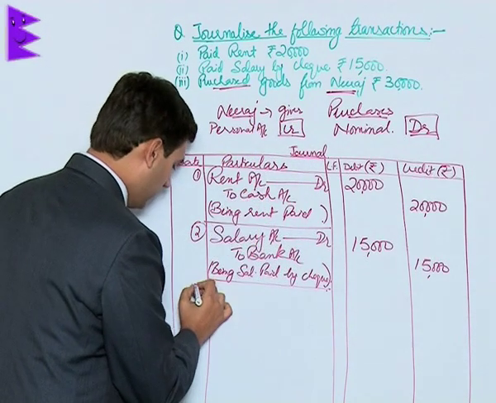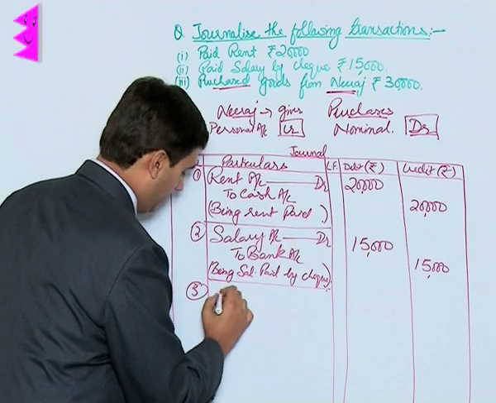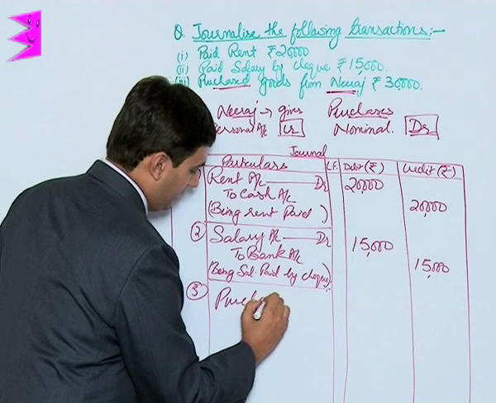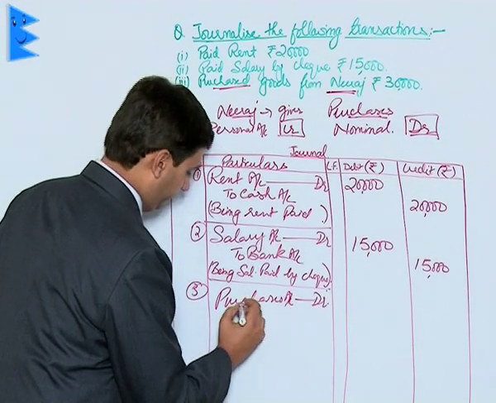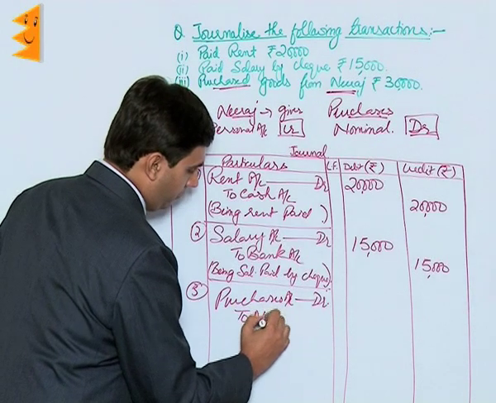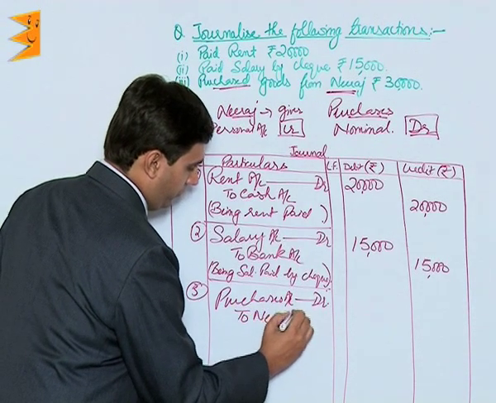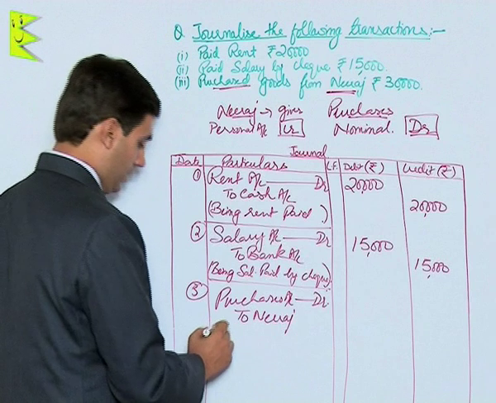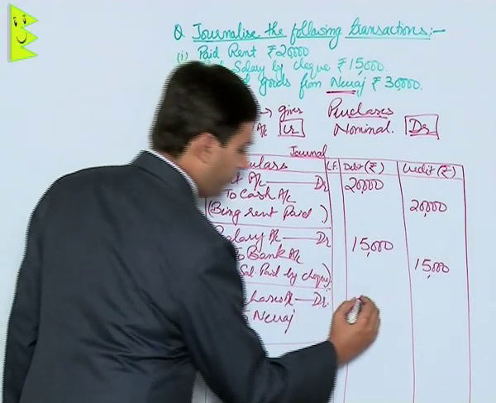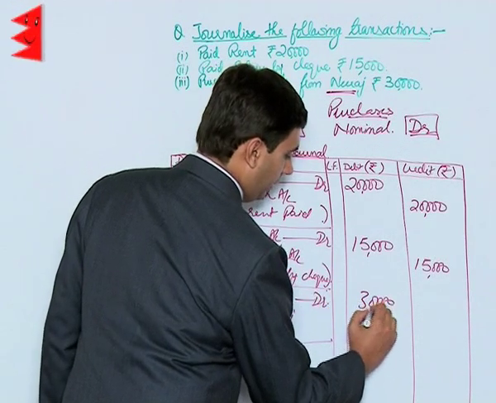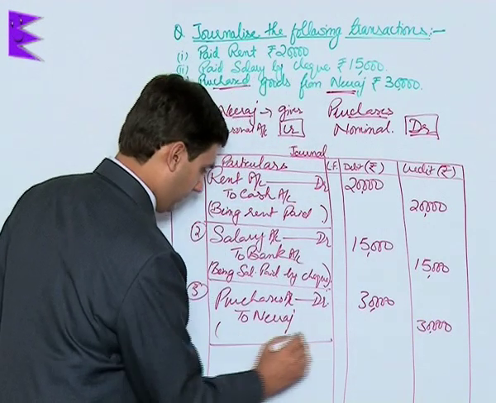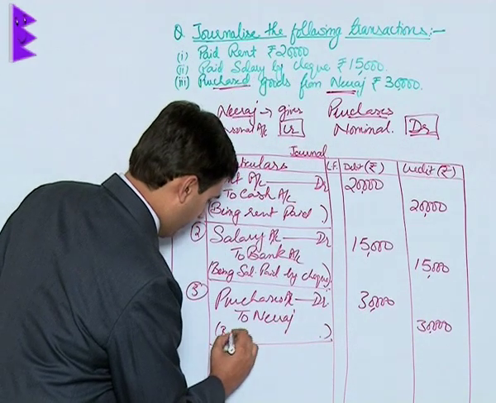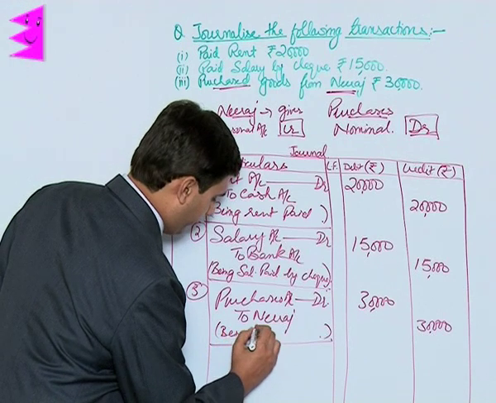So students, the entry would appear as purchases account debited to Neeraj, and the amount would be 30,000 and 30,000, being purchased from Neeraj.